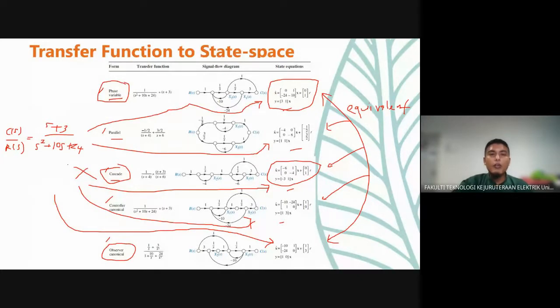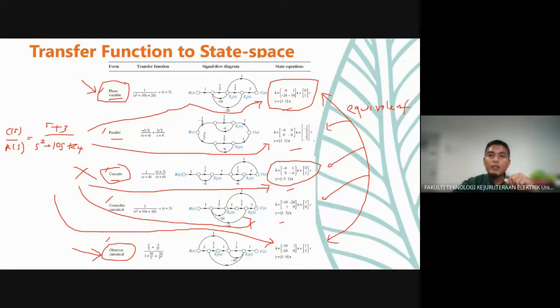So in this case, the two forms that you really must know, compulsory, to convert the transfer function to state space are really important: phase variable form and also observer canonical form.